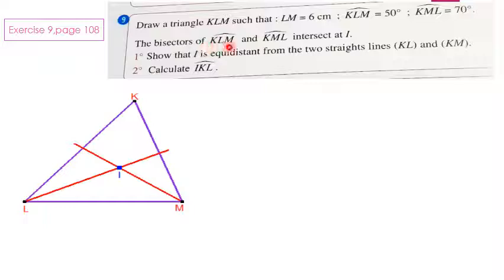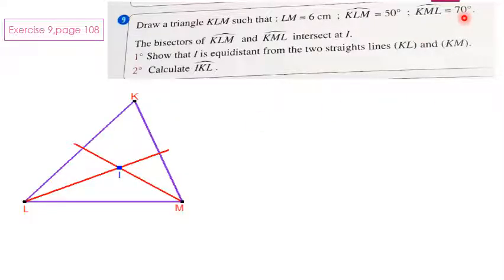Now, the bisectors of KLM and KML intersect at I. We can either draw it by a protractor. I can say that since KLM equals 50 degrees, and this is the bisector that cuts the angle into two equal adjacent angles, this angle here is 25 degrees, and the other angle, which is ILK, equals 25 degrees.